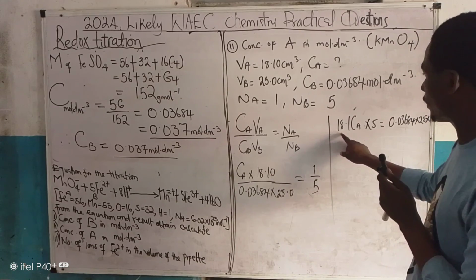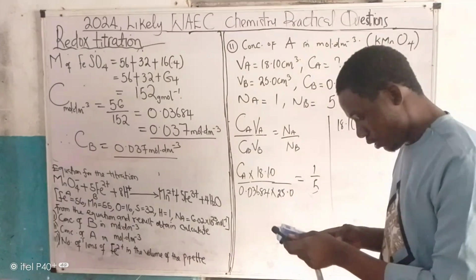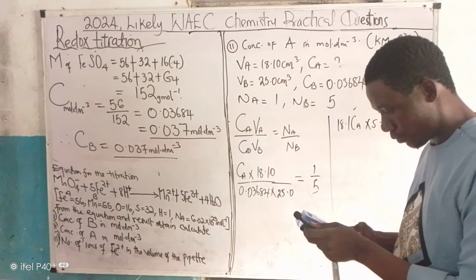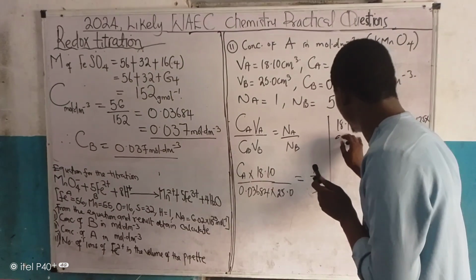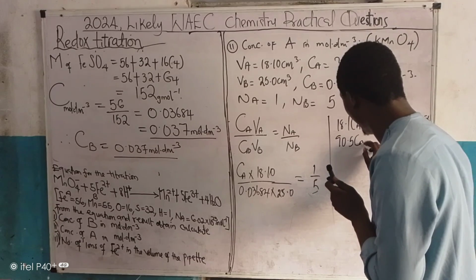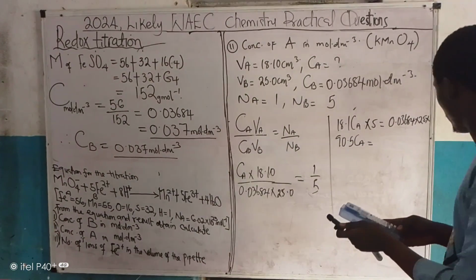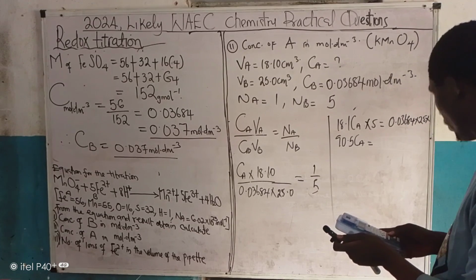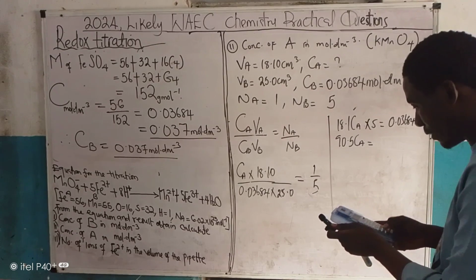So what do we have here? We have to multiply 18.1 by 5. Let's do that quickly. 18.1 times 5 will give us 90.5. So we have 90.5 CA equals 0.03684 times 25.